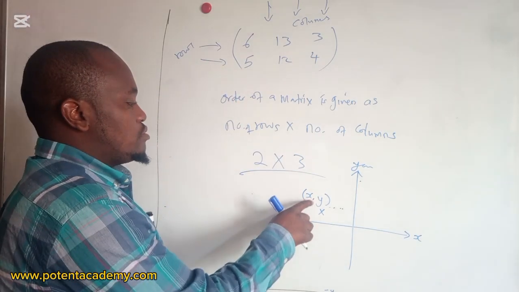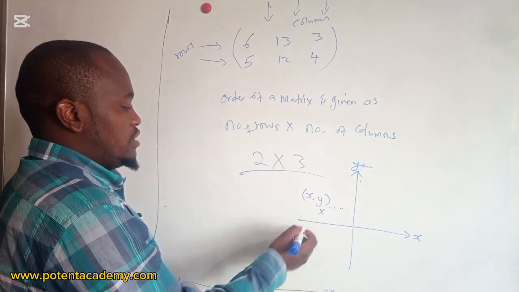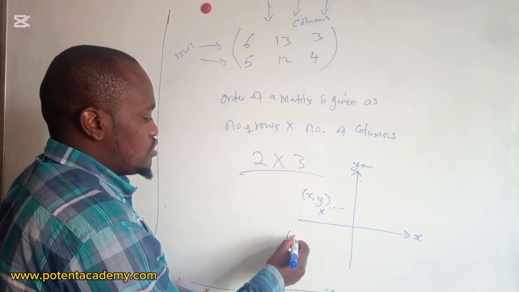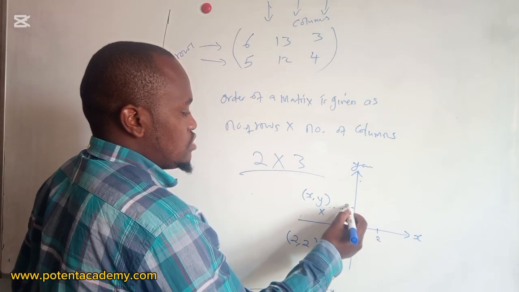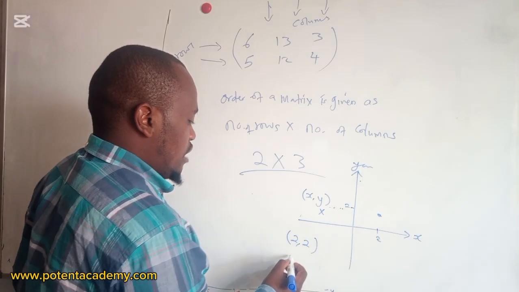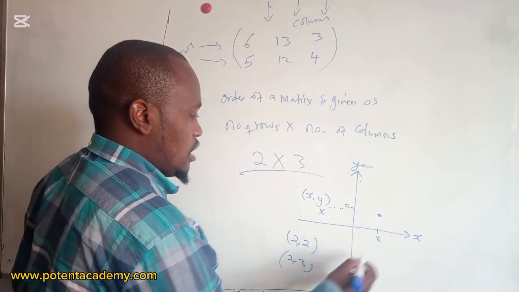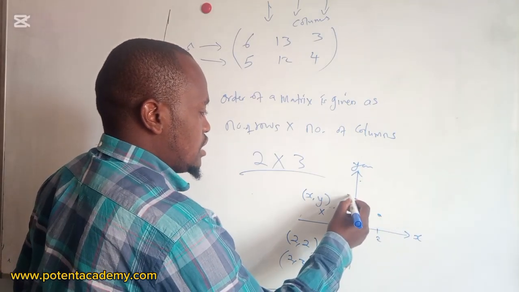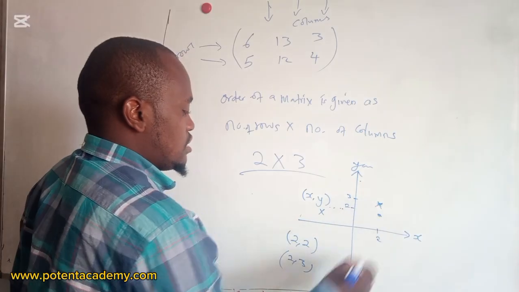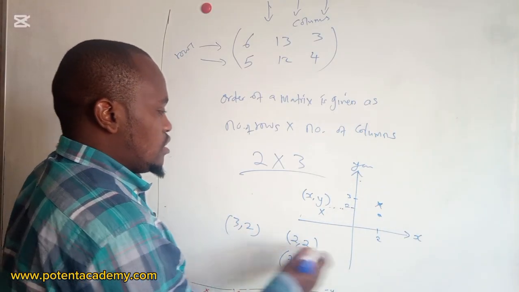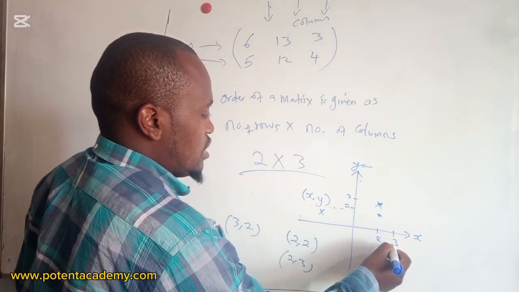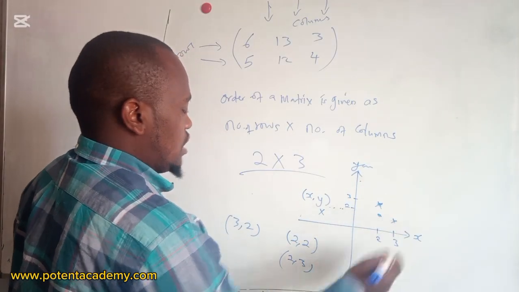Example would be a point 2, 2, which would be located here on 2 and 2 here. If you have a point 2, 3, you'd have these 2, then on this side 3, you come here. This is the point. But when you have a point 3, 2, you'd count here 3, then 2 on this end.